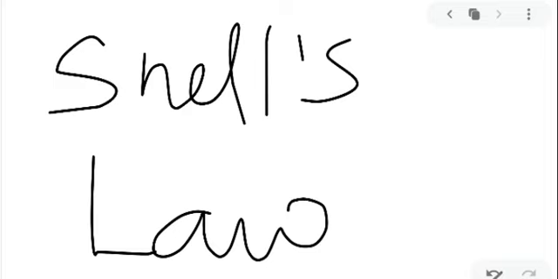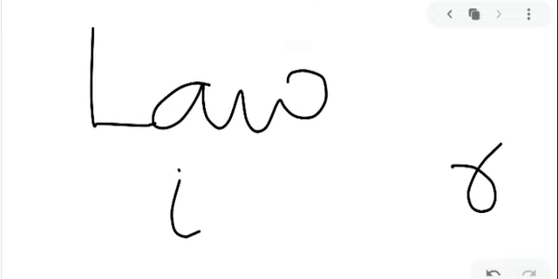Snell's Law. So what does Snell's Law state? Actually, Snell's Law does not directly connect I to R, the angle of incidence to the angle of refraction. It actually connects the sine.